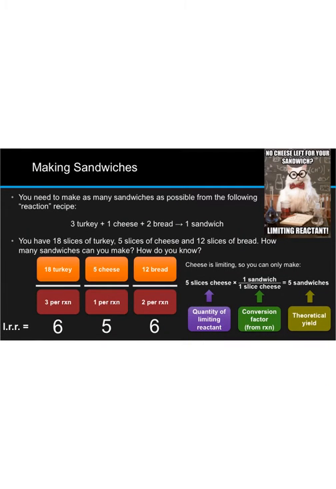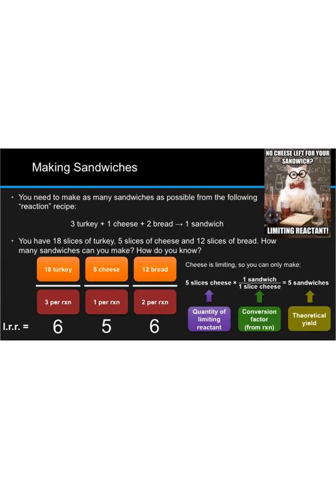For a more practical example, suppose that we wanted to make sandwiches, and we have a reaction that converts turkey, cheese, and bread into sandwiches. 3 turkeys and 1 cheese plus 2 slices of bread makes 1 sandwich. And you go into the kitchen to make a sandwich with 18 slices of turkey at your disposal, 5 slices of cheese, and 12 slices of bread.